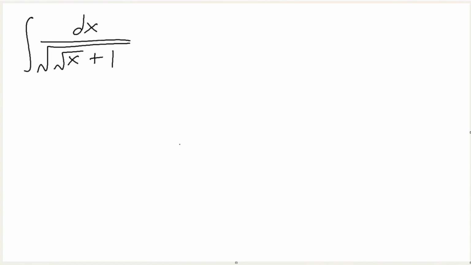We can let u equal square root of x plus 1, but then that's going to leave us with square root of u. And I don't like dealing with fractional exponents. It makes me slow when I speed integrate. So let u equal that whole bottom. Then we get u squared minus 1 squared, which equals x.